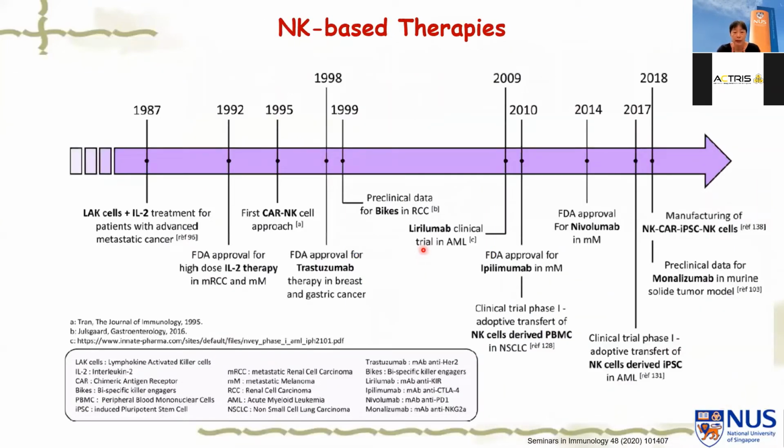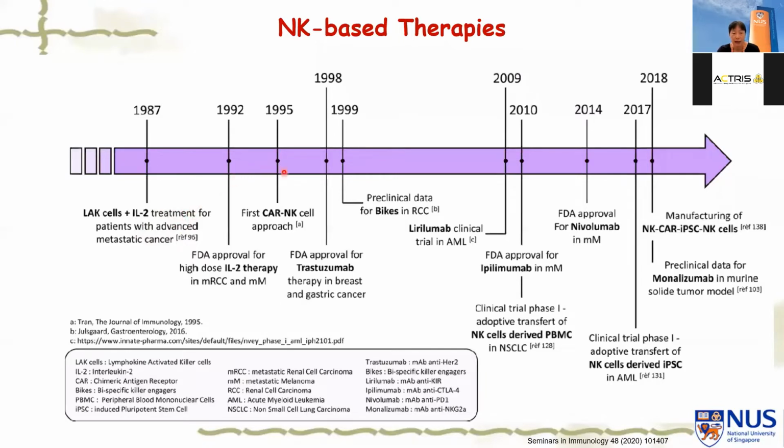And then people started early on, actually from the 80s, to target NK cells for cancer therapy. In the early days, when people used LAK cells, the lymphokine activated killer cells, they were actually mainly NK cells and NKT cells. People have used those for treating advanced metastatic cancer.